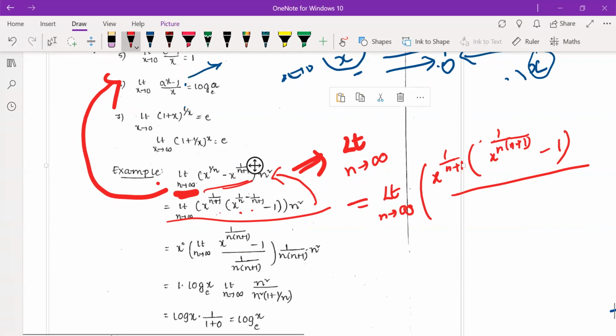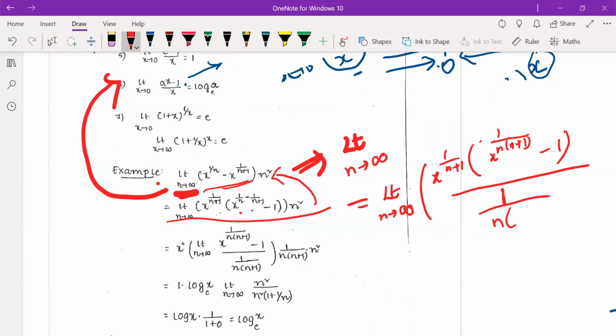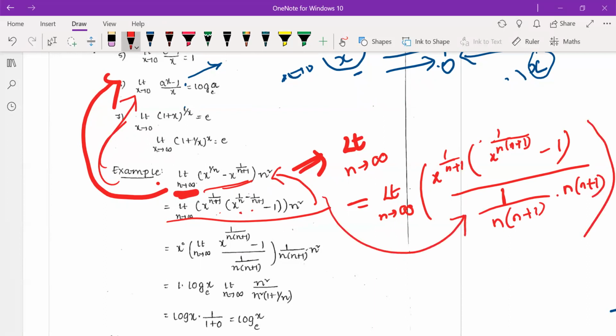We'll multiply and divide with 1 by n into n plus 1. We are trying to change this problem in this form, so that we can solve that. As we are multiplying, we should even divide with it, n plus 1. Both the equations are just the same. I'm trying to evaluate the problem.